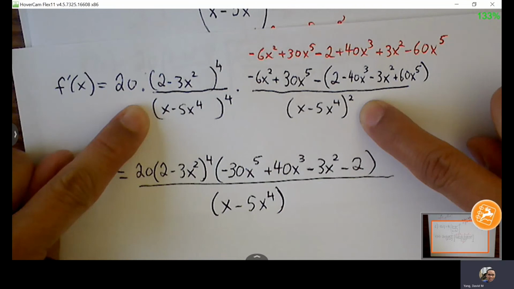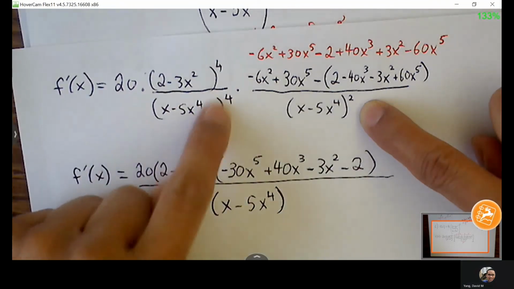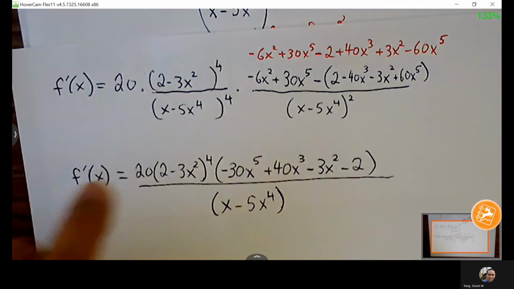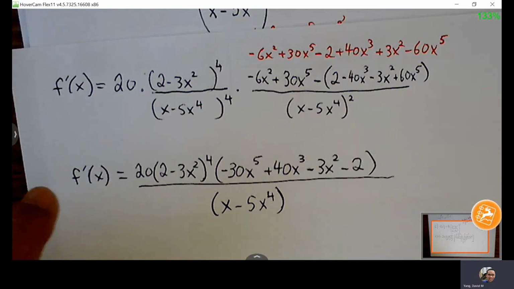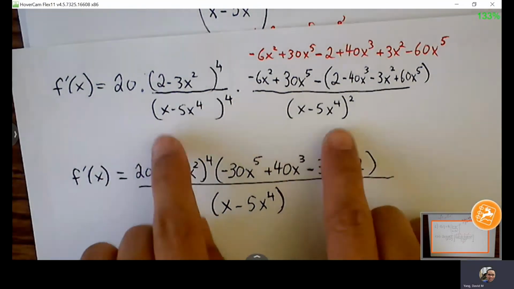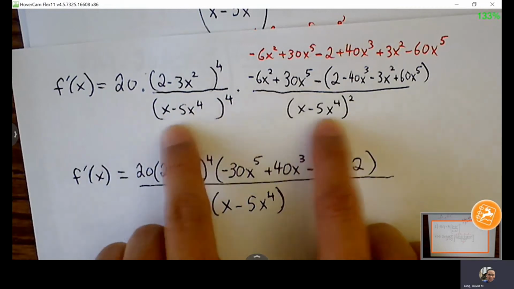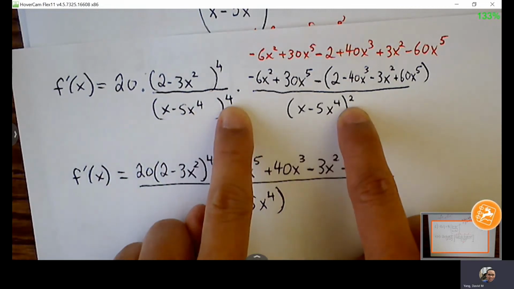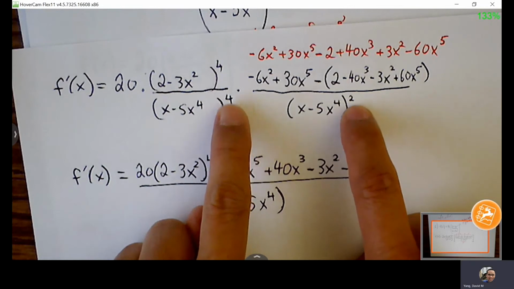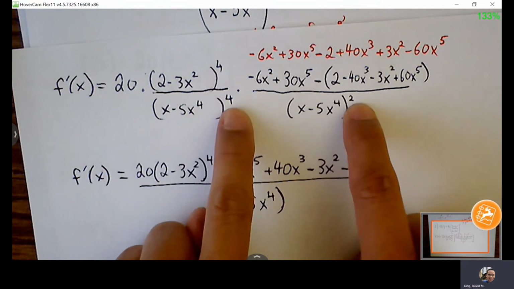What is that? So there's 4 of these guys here. There's 2 of them here. So when I merge them together, there's going to be, not 8, 6. We're going to be adding, yeah, adding.